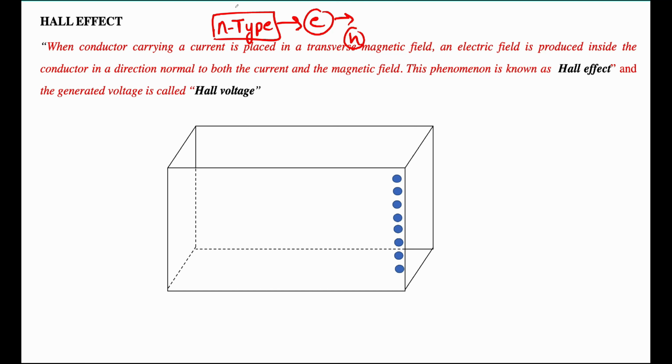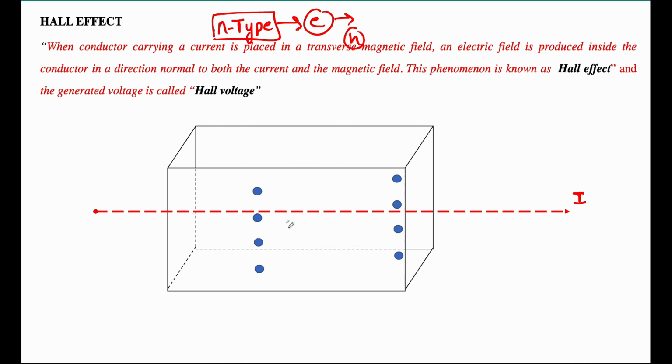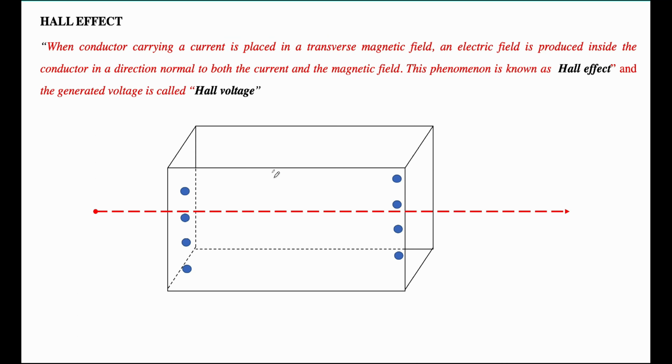So that's why we are going to take an N-type semiconductor. After that, when we apply an electric current I in this direction to a normal N-type semiconductor, electrons usually move in the direction opposite to the applied field. Okay, this is the normal situation.